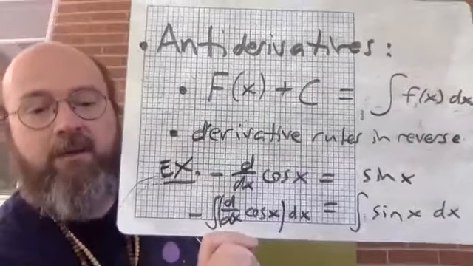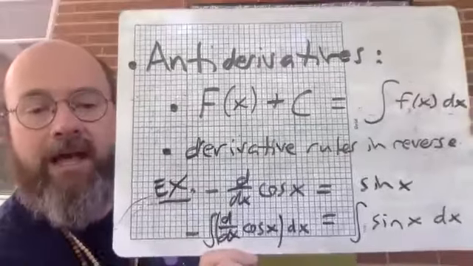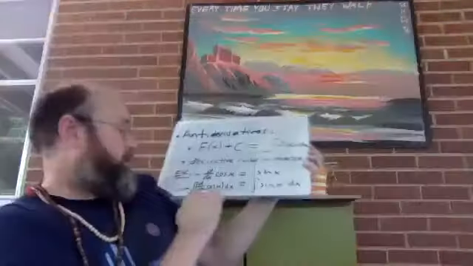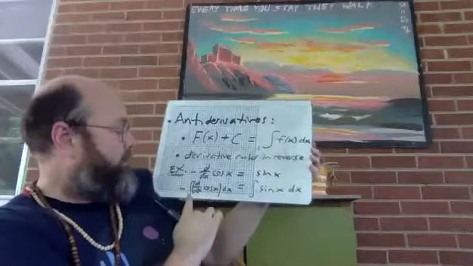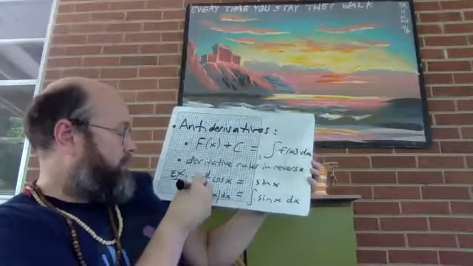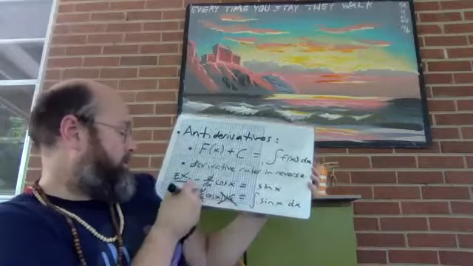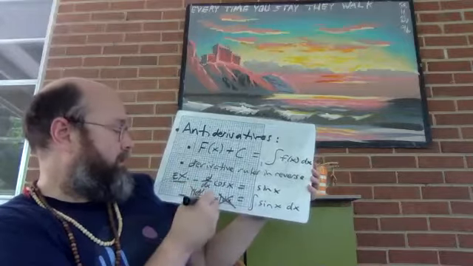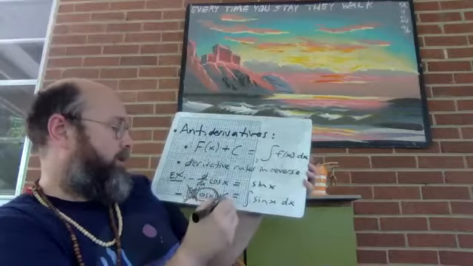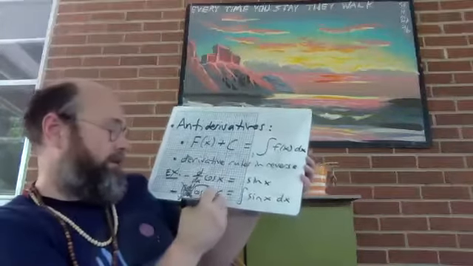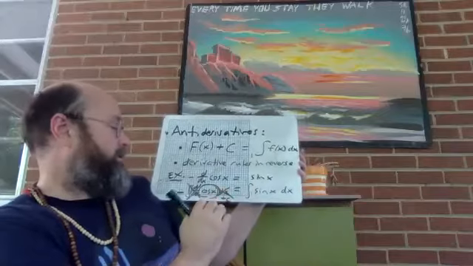But what happens when the integral collides with the differentials? When you see these two symbols come together, if you see them side by side, they cancel. They effectively cancel. All that's left is the minus sign, the cosine part, and the plus c part.